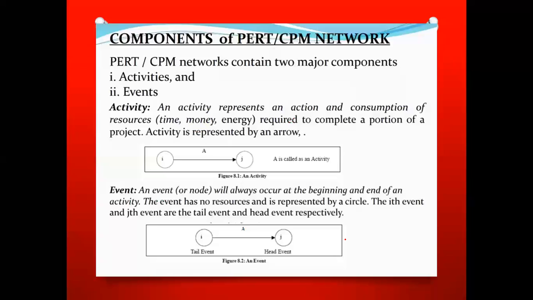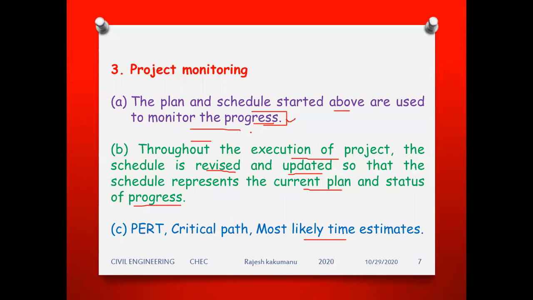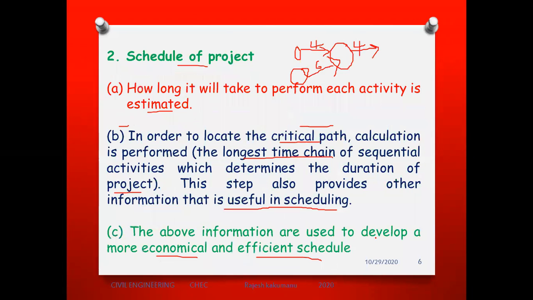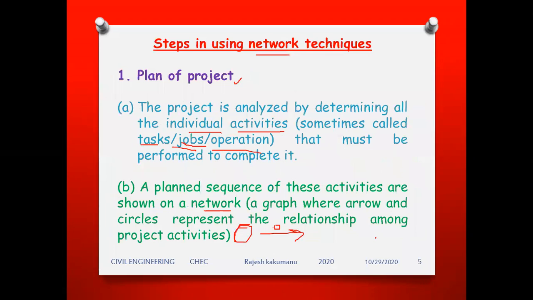So what is the third point here? In project monitoring, once this is done, we are finding the results of all these time estimates. So like this, we have to complete a network technique by using these three steps: planning of project, scheduling of project, and monitoring of project.